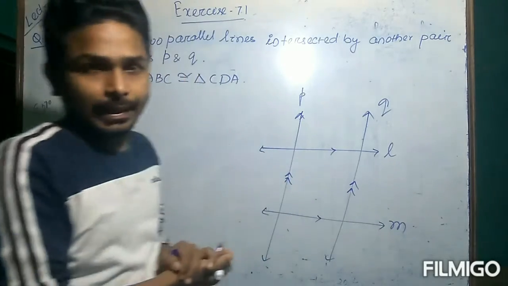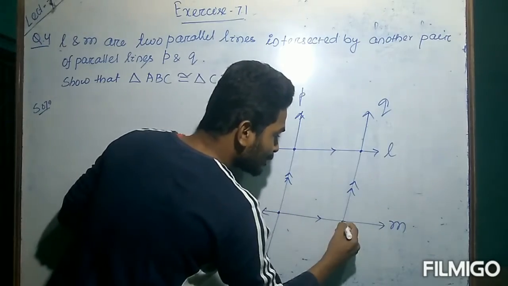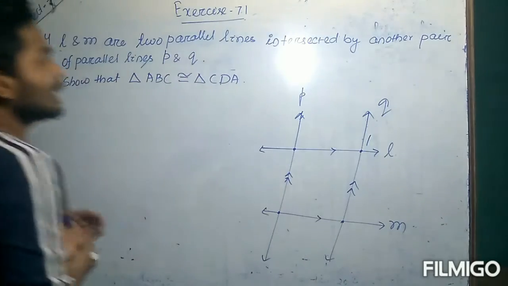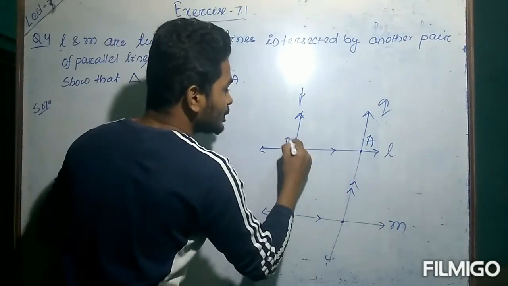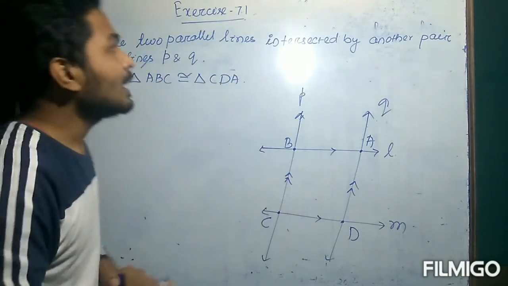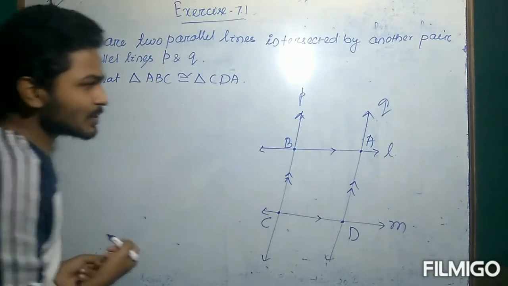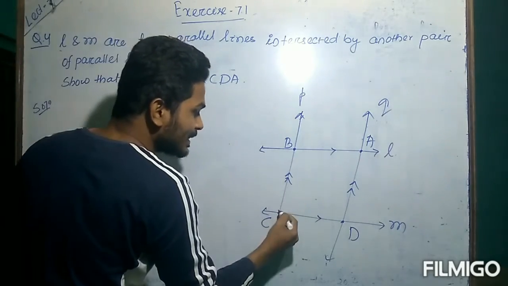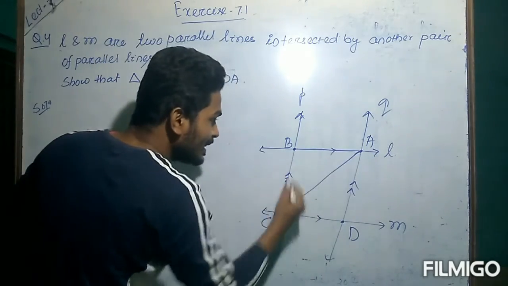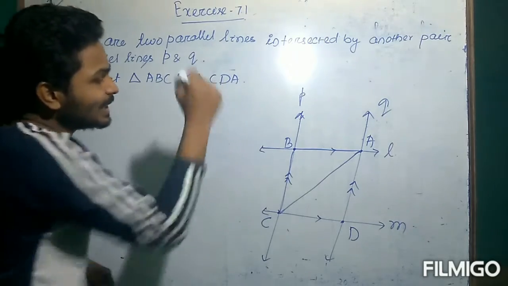So they are intersected. Suppose they intersect at four distinct points. There are four intersecting points. We can name them: suppose this is A, this is B, this is C, and this is D. Now we have to show that triangle ABC is congruent to triangle CDA.